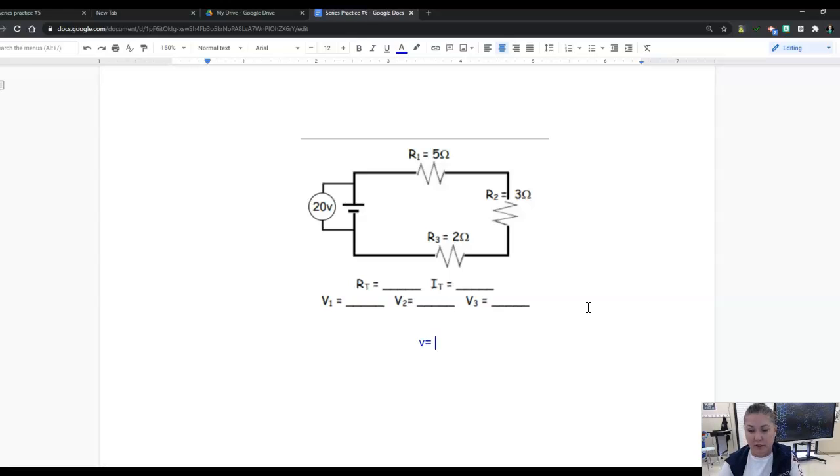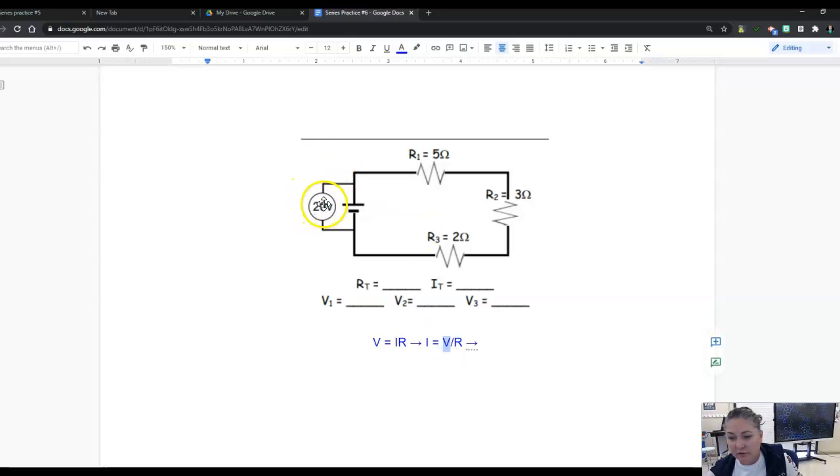To find the total current, the main formula is V equals I times R. And you're going to convert that to solve for I, which means you have to take that resistor away, and it's going to be I equals V divided by R. Be careful you don't screw that up on an exam. That's a tough one. They asked for total current. We're going to do V right here.